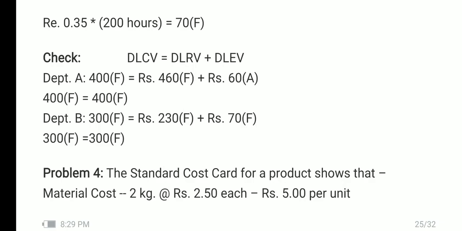It means that to produce the given product, 2 kgs of materials are required. Each rupees 2.50, that is the price of material per kg is rupees 2.50. Since 2 kgs are required to produce 1 unit of the product, 2 kg into 2.50, rupees 5 per unit is the standard material cost per unit of output.